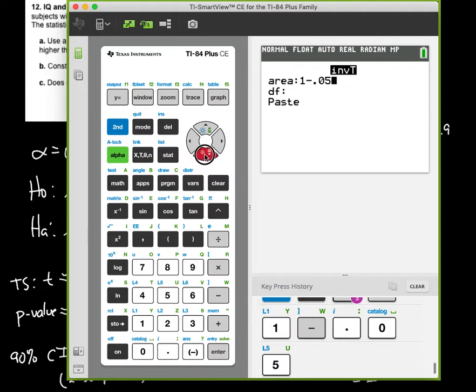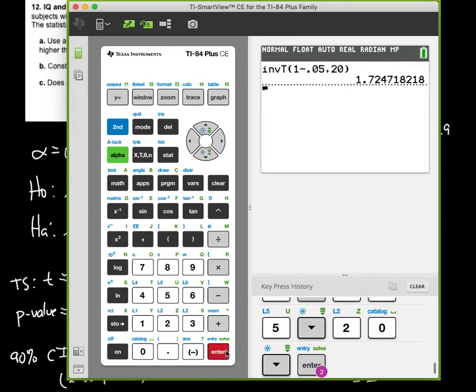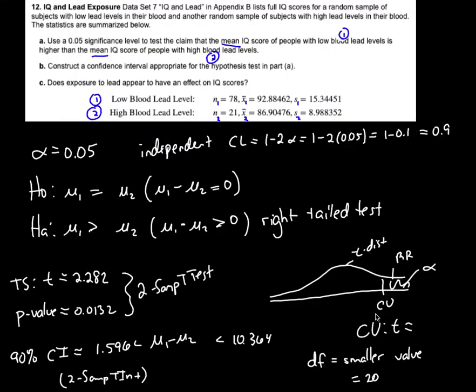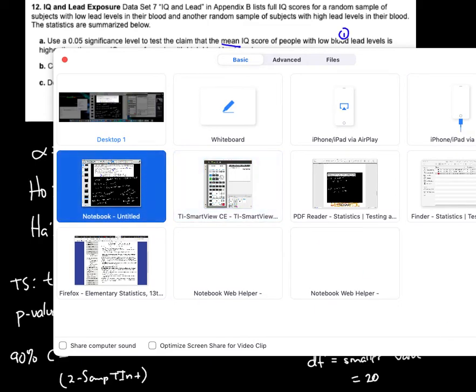And then degrees of freedom, what did we say, 20? So 1.725 was my critical value. So if you're using the table, it should match that.